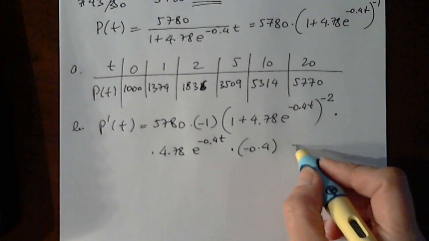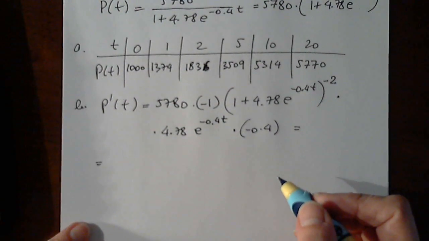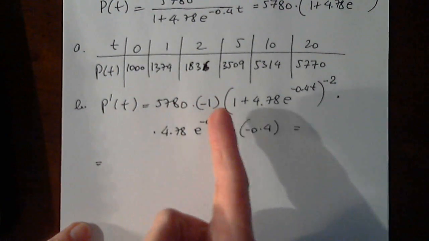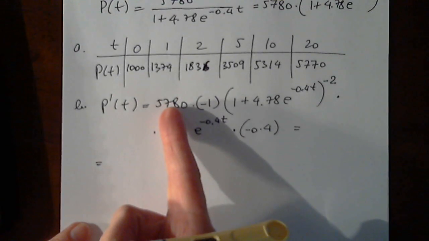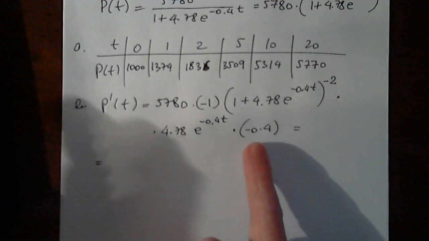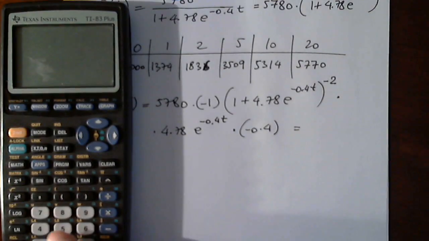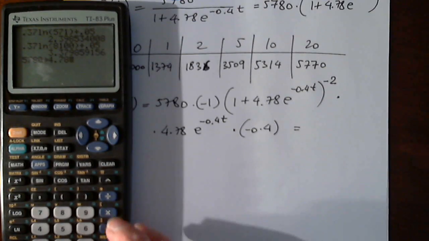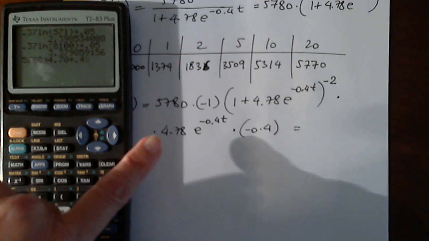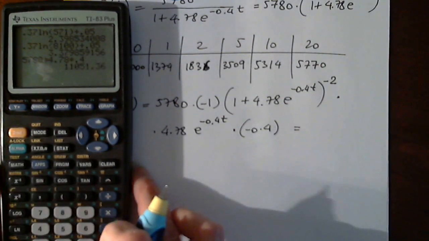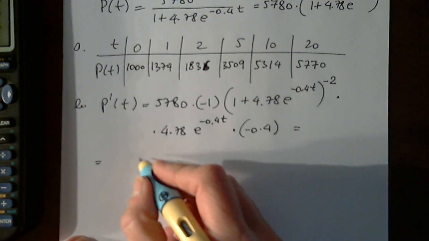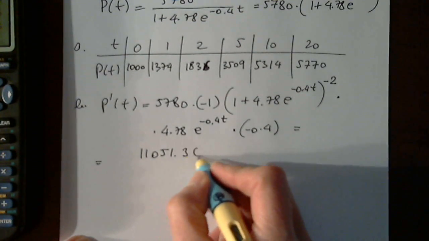So now let's see what I can do to simplify this a little bit. I have two negatives, so that's a positive. Multiply 5780 by this. So 5780 multiplied by 4.78 and multiply by 0.4. 5780, 4.78, okay. 11051.36.